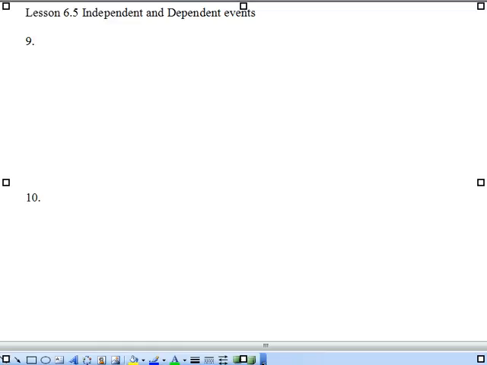And then P of green times P of blue, given that green has occurred, is 1/4 times 2/5, which is equal to 1/10. Now that is an example of a dependent event. Okay, and then in your review exercises 9 and 10, you have one that is a dependent event and one that is an independent event.